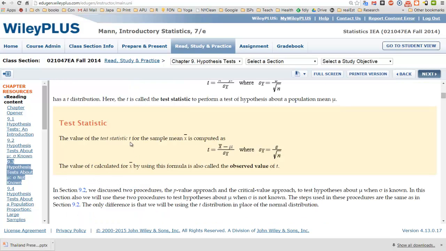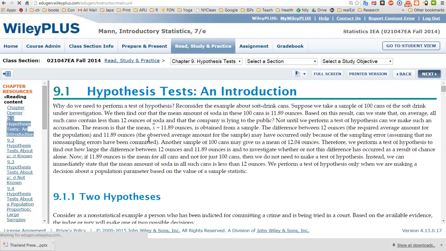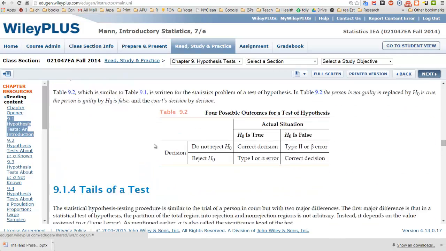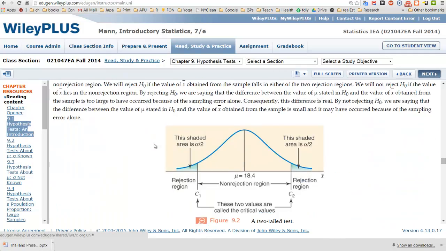But what we have to do is calculate our test statistic and then see how far away that is from the hypothesized mean. Remember, the hypothesized mean in our last example was 18.4 pounds. In other words, here. This is the hypothesized mean. Then we calculate our t statistic, and if it's out in here, we're going to reject.